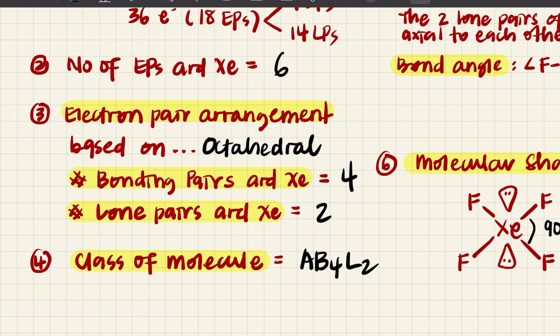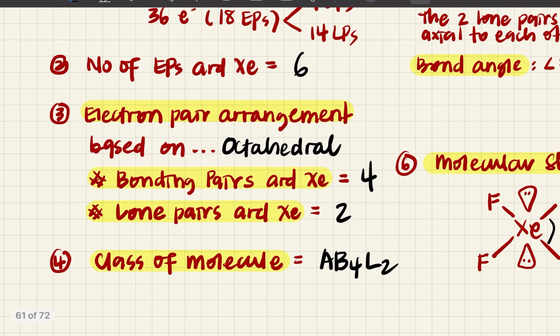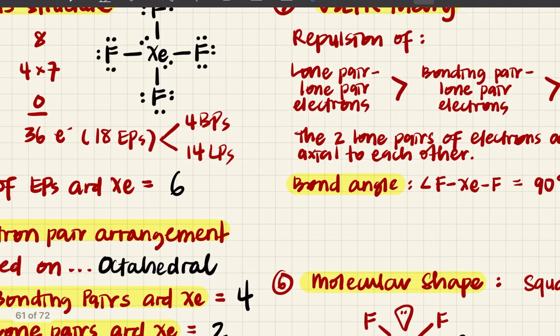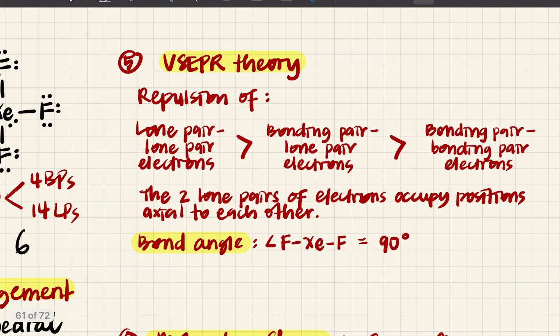Then write down the class of molecule, AB4L2. Now that we have 2 lone pairs around our central atom, where do we put them? Since it's octahedral, we'll put them at axial positions to each other. Next, the valence shell electron pair repulsion theory. We will talk about the electron pair repulsions that are available.